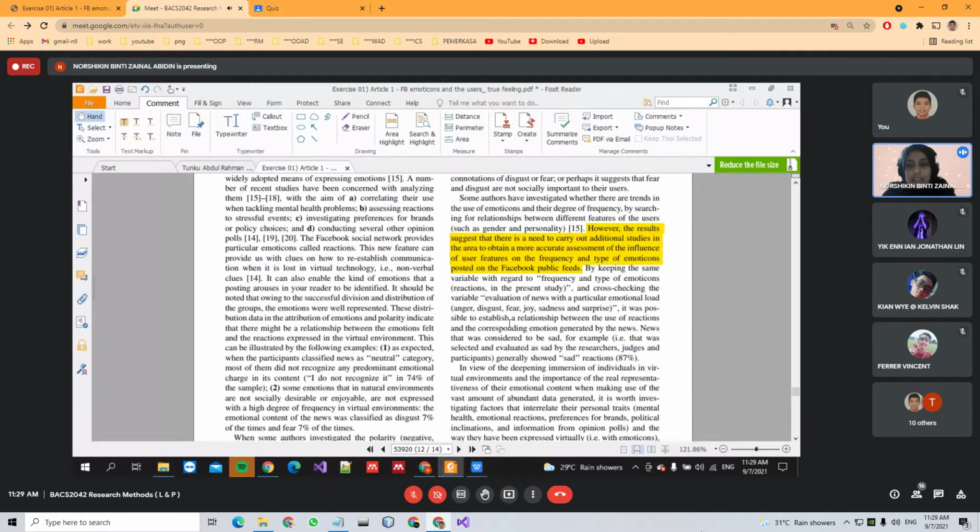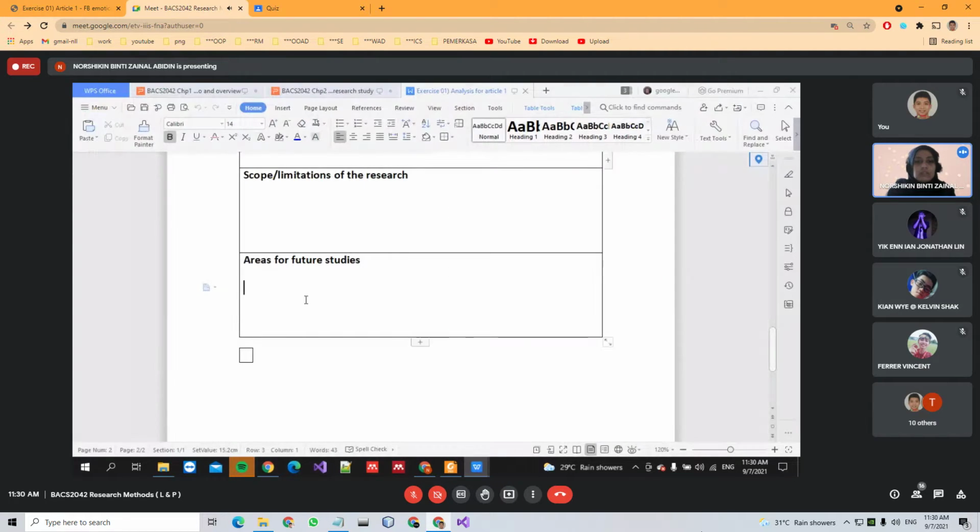So it's in the part that they suggest you to do. So area of study, I think they will use the same area of study, but they need to have something different to make their research have its own novelty. So it's very general to ask area of future study because area of future studies will come from the gap that you already identify here. So that's the area of study.